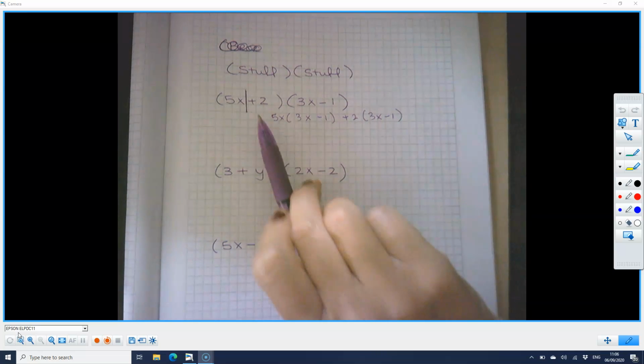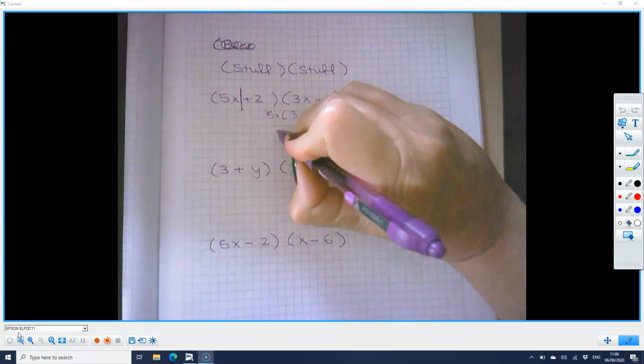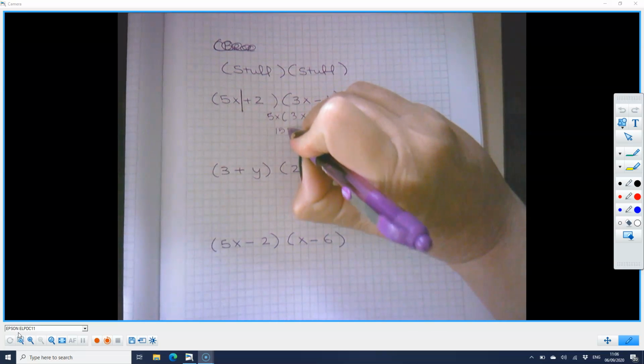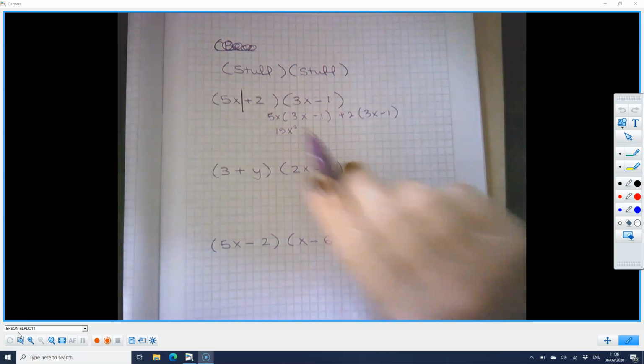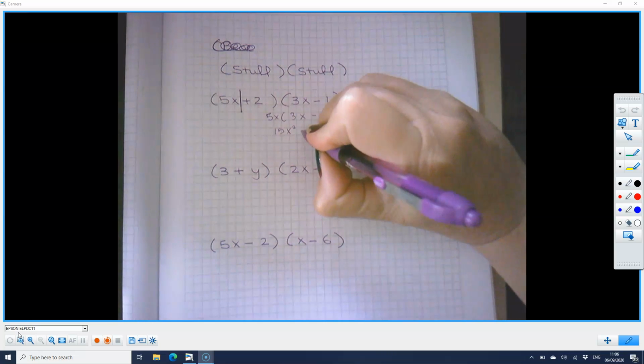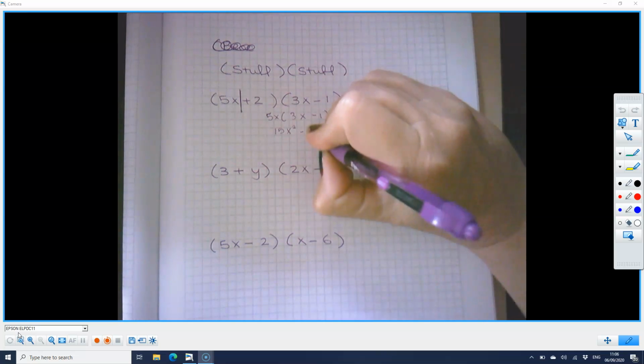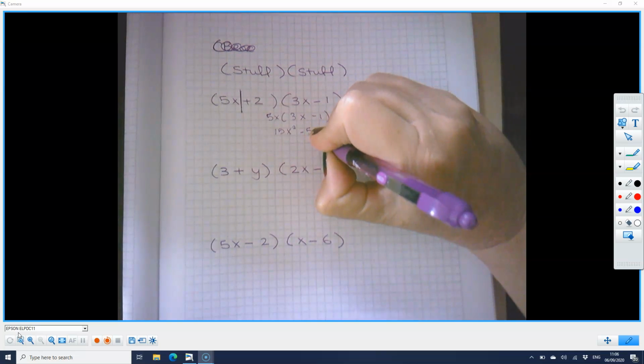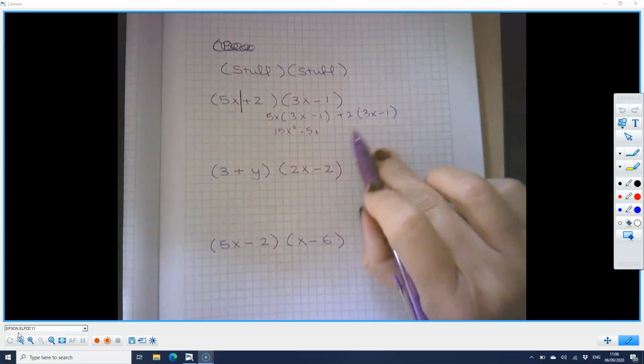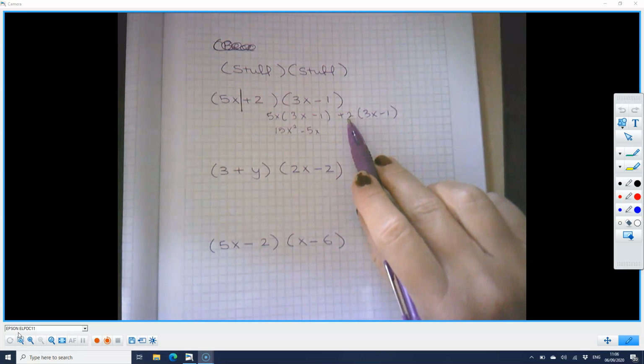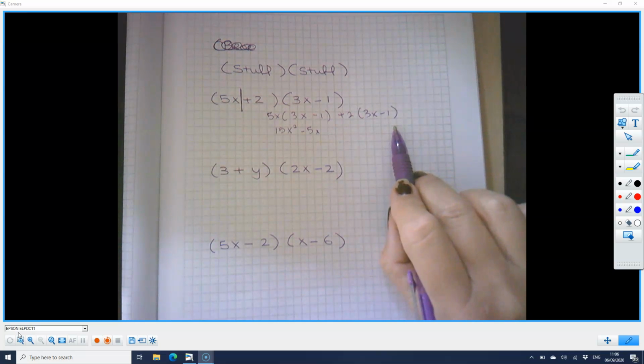All right, so when you multiply it out, 5x by 3x, the number by the number gives me 15. The x by the x gives me x squared. 5x by minus 1, so 5 times minus 1 will give me minus 5, and the x just gets written down. Then you move on to the second bracket. So the second bracket has nothing to do with the first bracket anymore.